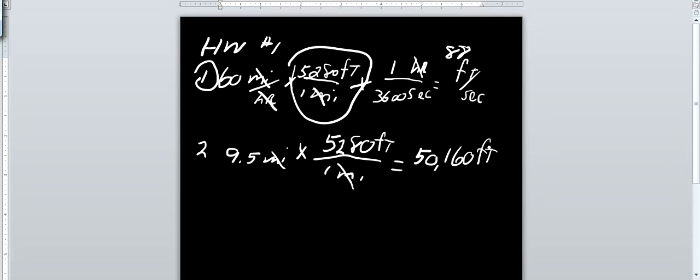And the second part of the question is, how many meters is this?